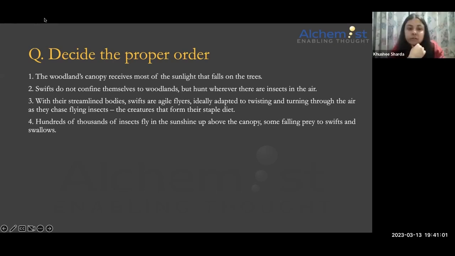So the woodlands as well. वुडलैंड्स कैनोपी, हाँ. और उसके बारे में बात क्यों हुई है?